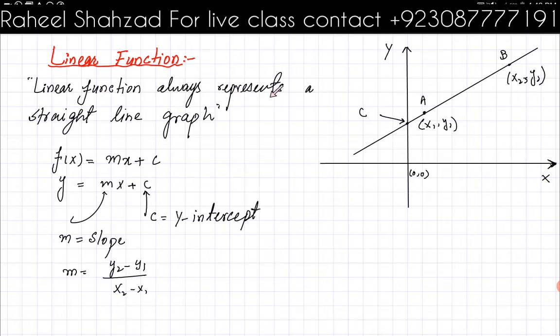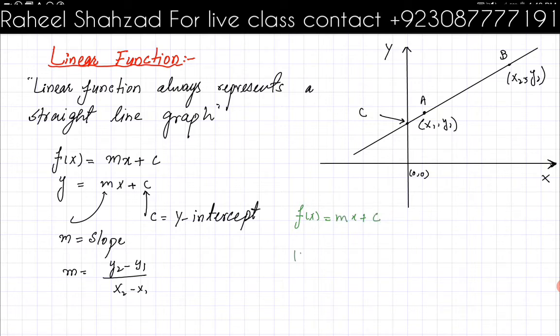So a linear function always represents a straight line graph, right? Now as far as their different formats are concerned, we have f of x is equal to ax plus b, or sometimes we write it as mx plus c.